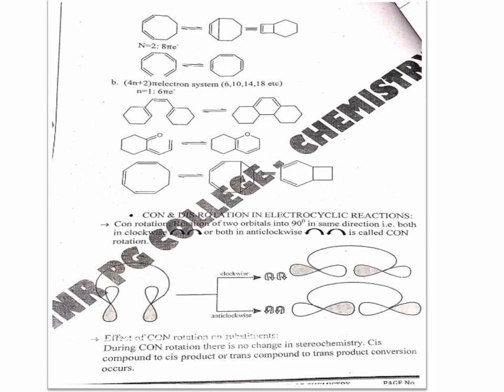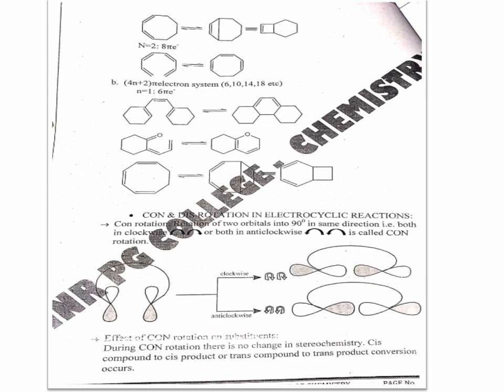That means we consider the side with the more conjugated pi system, and it does not matter whether it is on the substrate side or the product side. In that case, it will be easy to count the number of pi electrons.